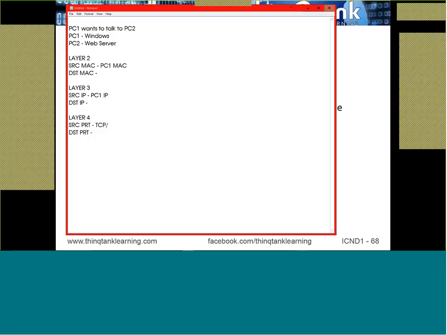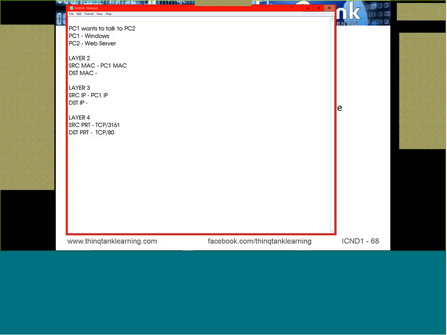Do I know what the destination port is? Well, yes, because it's web traffic. Again, we haven't talked about layer 4 yet, but I know that it's HTTP, which uses port 80. Do I know what the destination IP is? Well, let me see. What did I do?